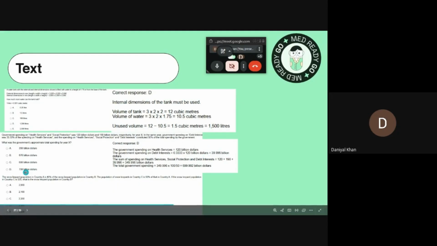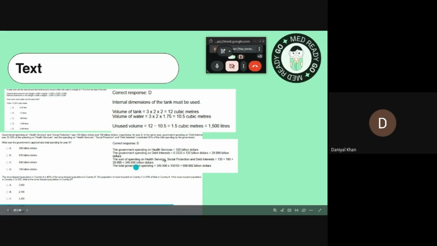And that constitutes 50% of the total spending. So what's the total spending by the government? Well, 50% to get to 100%, you just times by 2. So 350 times 2 gives you an answer of $700 billion. As this is right here. The reason why I said, just instead of using the calculator for this question, because it would just give you that value, it's better to just do that one in your head. It just looks way better.